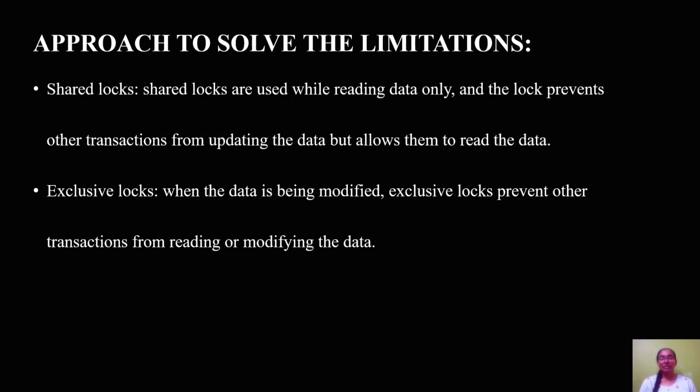Exclusive lock: when the data is being modified, exclusive locks prevent other transactions from reading or modifying the data. If any of the data is being modified and these exclusive locks are implemented, they will prevent all the other transactions from reading or modifying the data.